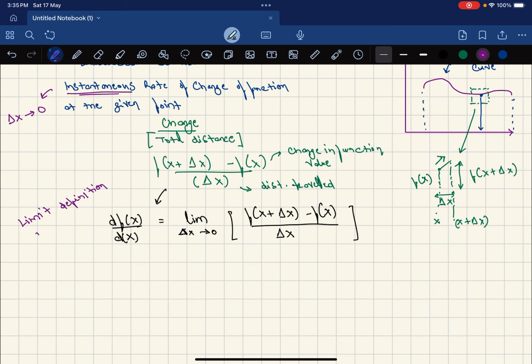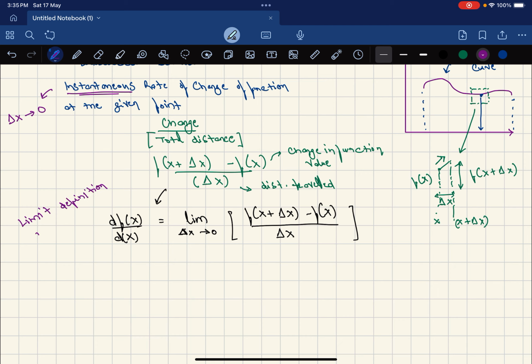If we form a triangle here, we are actually calculating tan of this particular angle, which is the slope, because tan theta is defined as h upon b, that is height upon base, and the height is nothing but the change in function value, and the base is nothing but the total distance traveled, that is delta x.